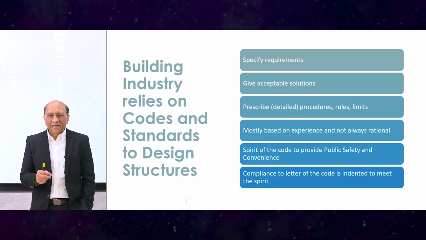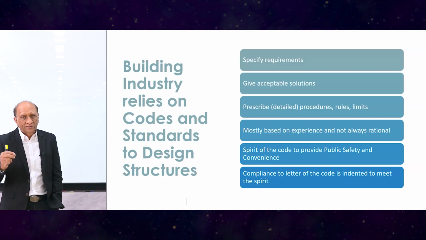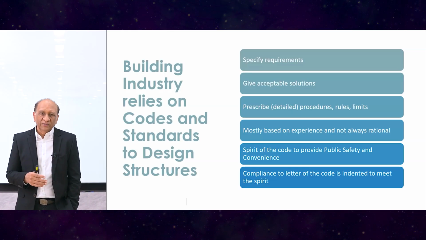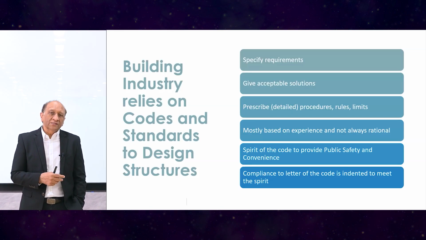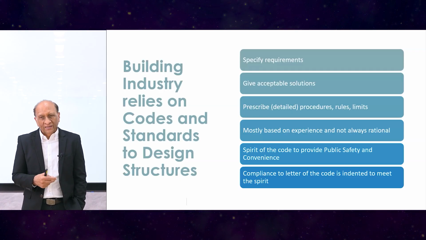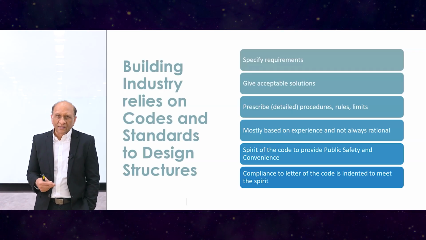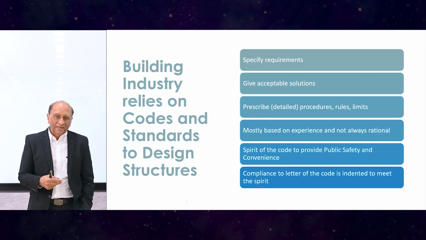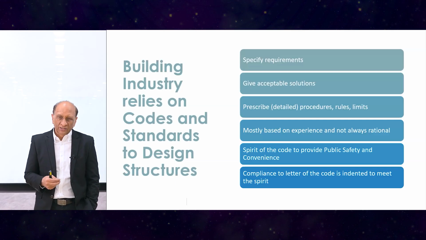And they also prescribe very detailed procedures, rules, limits, equations, and some tables and factors that we have to follow. Most of these are based on accumulated experience and a lot of testing and research, but not always rational. And I will explain why it's not completely rational.